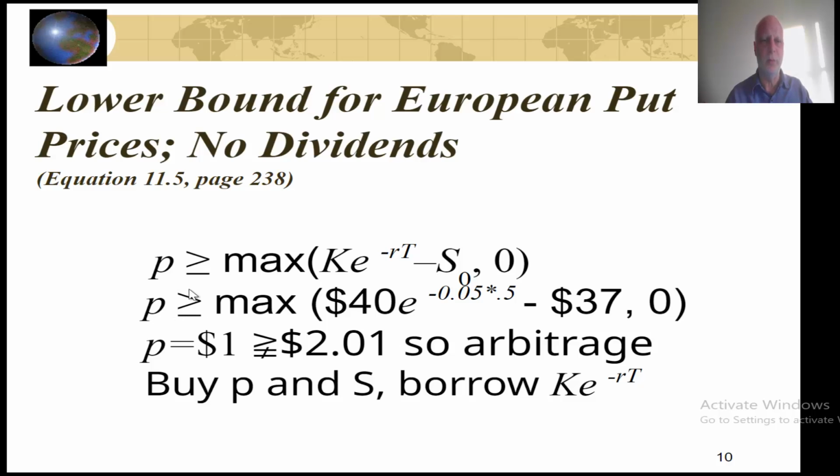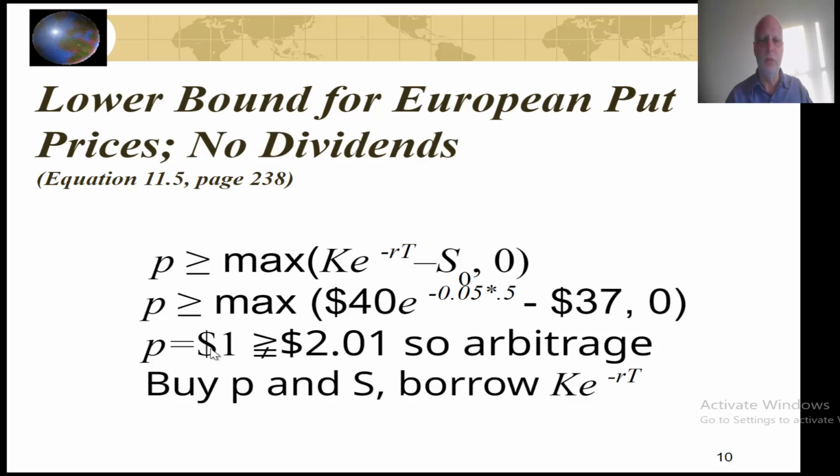In this example, the European put has to be greater than the maximum of the present value of $40, with an interest rate of 5% and 6 months to expiration, minus the current stock price of $37, and this equals $2.01. The put option is currently priced at $1, so the put option is way underpriced.